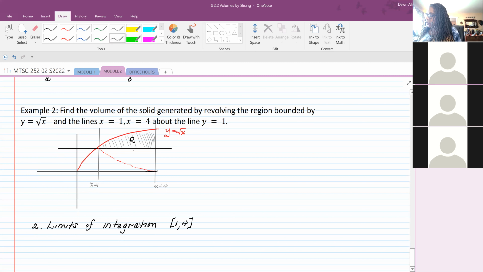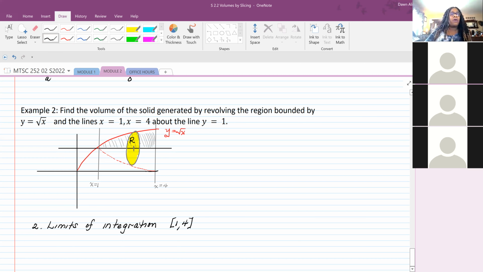So for any x, I'm going to draw where I've rotated it. And you can now see my region. Okay, so now we need to find the radius.